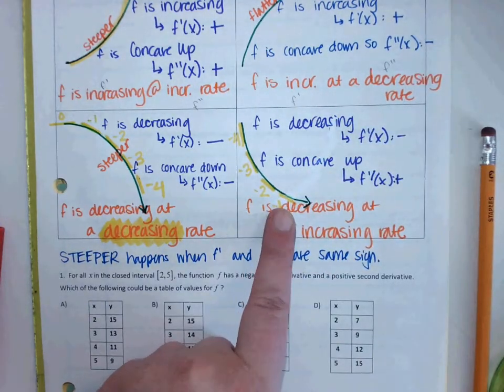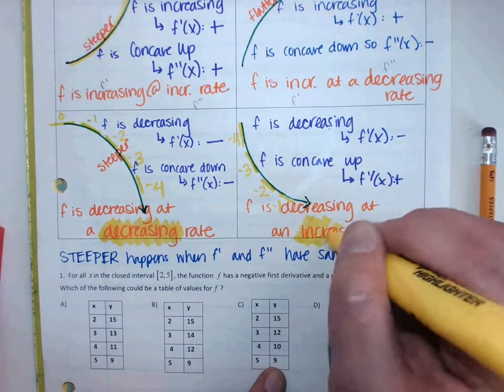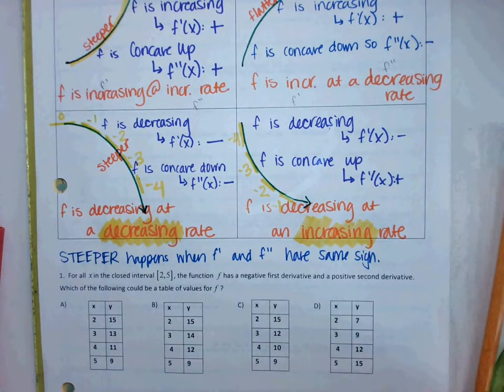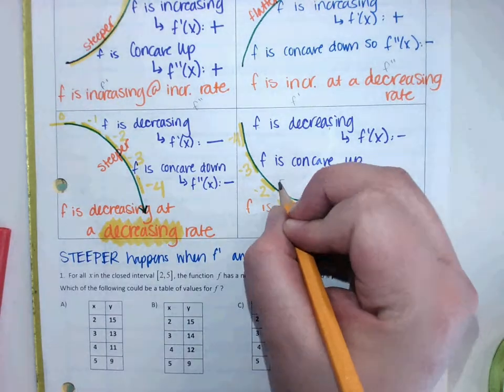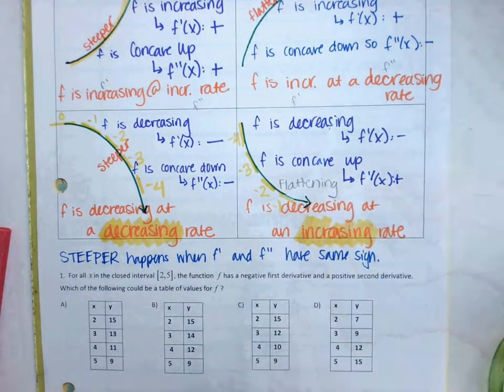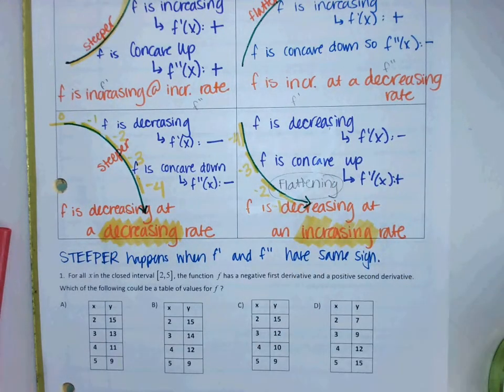What is happening as I go from -4 to -3 to -2 to -1? Increasing or decreasing? Increasing. So as my values become bigger from the negatives, that's actually flattening out your graph. And remember, the reason that that happens is because they're opposite signs. Okay, my graph is flattening because they're opposite signs.